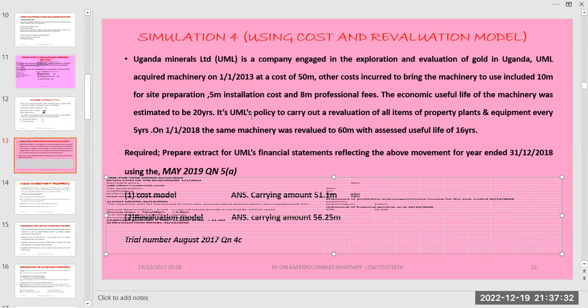They are saying it's UML's policy to carry out a revaluation of all items of PPE every 5 years, meaning every 5 years they do a revaluation. But we said with the revaluation, there are scenarios that may happen. One, we may have the value of the asset going to be less than the carrying amount of the asset, or it will be the opposite.